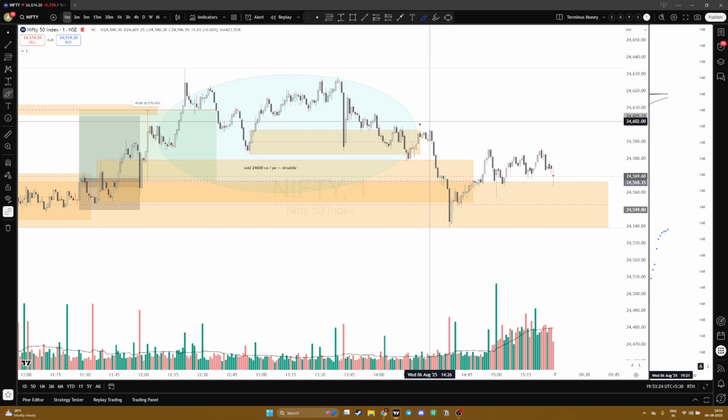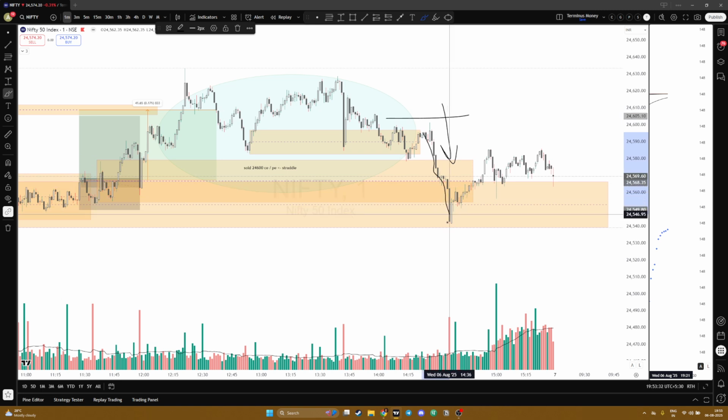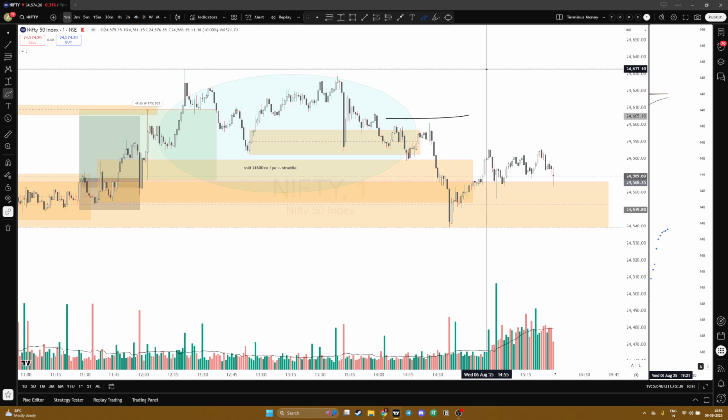I exited the puts and let the 24,600 calls keep running, so it was a selling side bias for me. During this time it didn't give much theta decay, so I was able to close the day at a very minimal profit, 200-300 rupees. But it's okay. My direction was good and my execution was good. At this point, I exited all my trades.